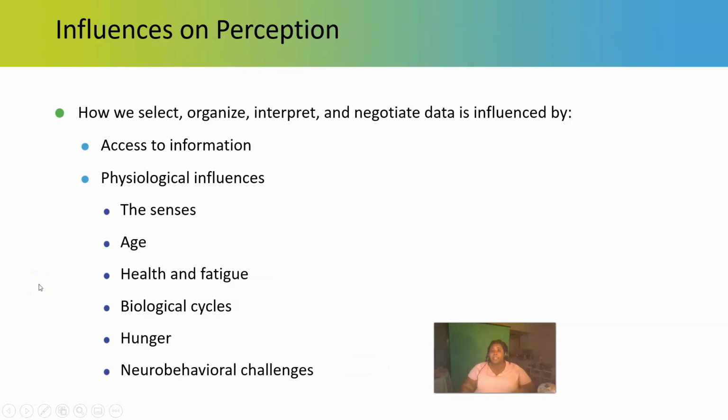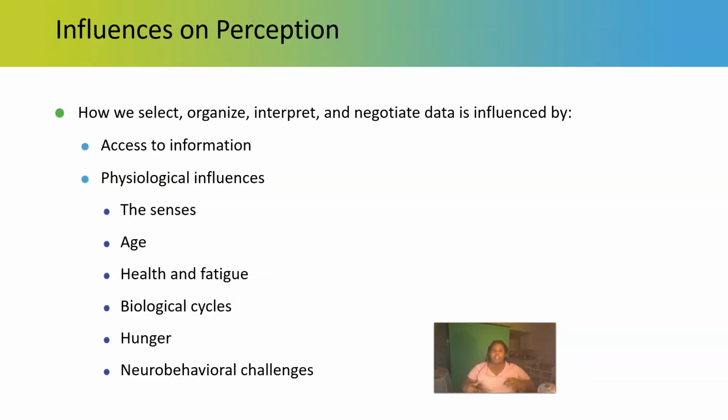So it's a good segue. What influences our perception? So, for example, how do we select? How do we gauge which information we pay attention to? How do we organize that information?